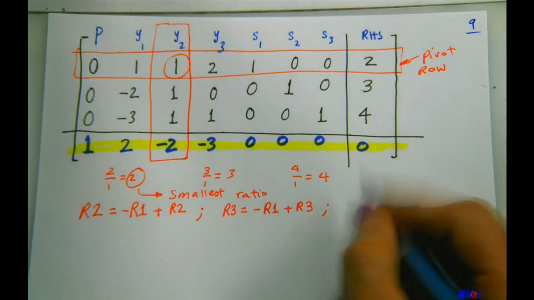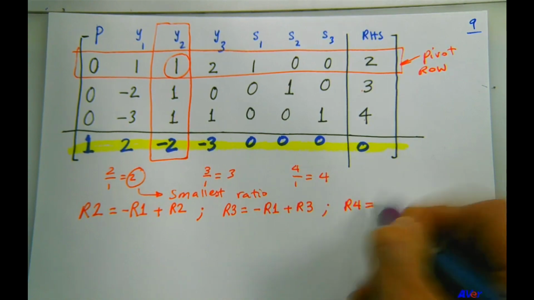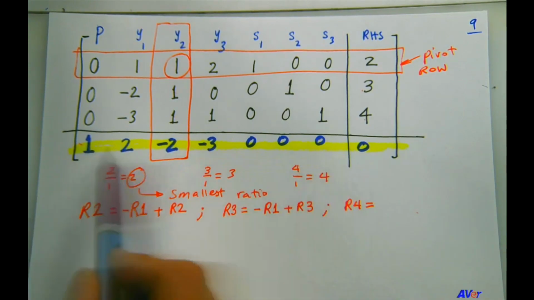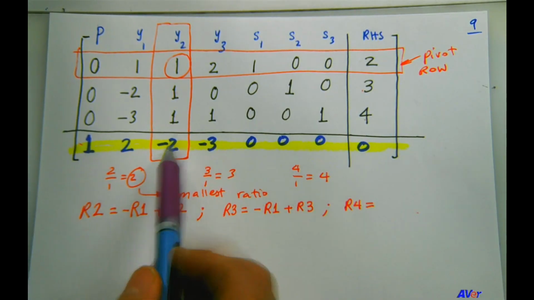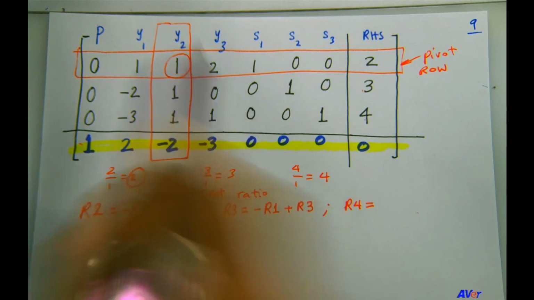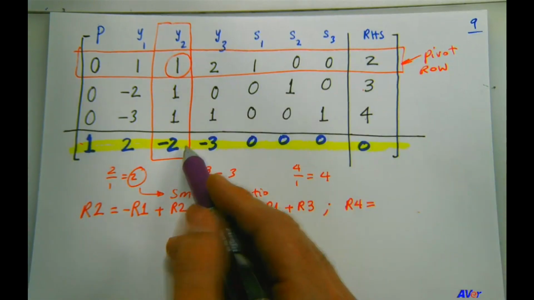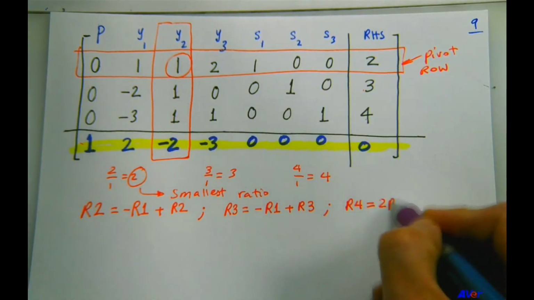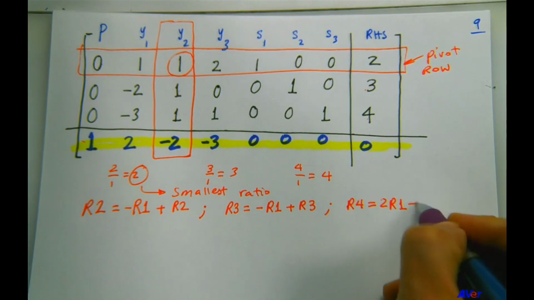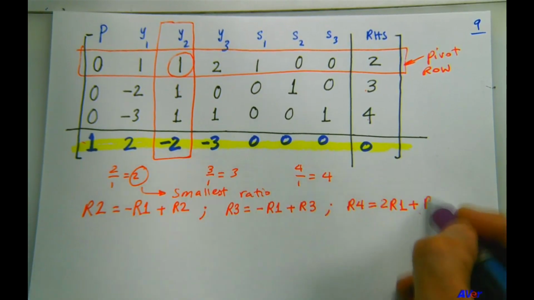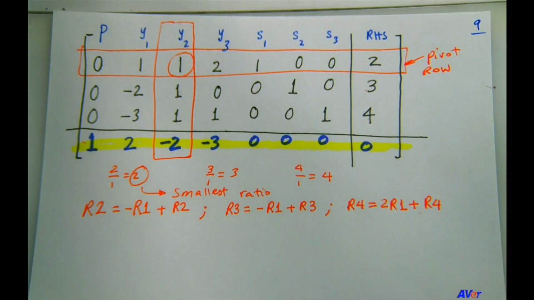So row 4 equals 2 times row 1, which is our pivot row, plus the row we're changing, row 4, because we're going to need a positive 2. These are the 3 row operations we need to convert the 1 and negative 2 to 0.